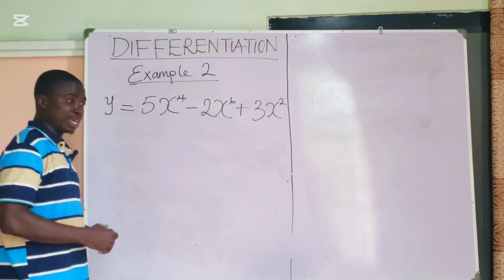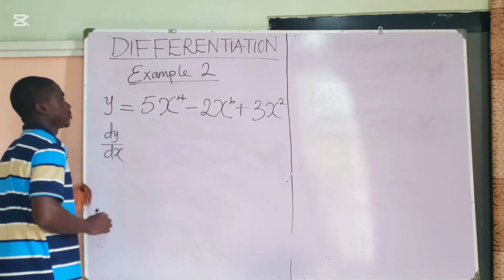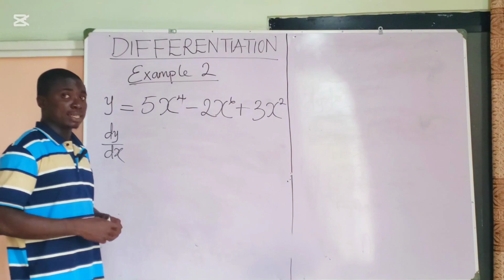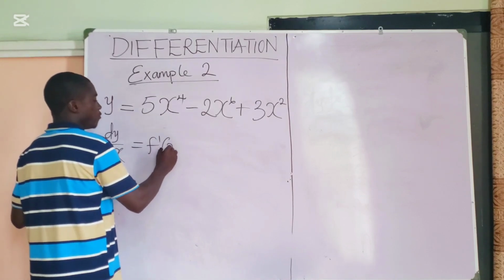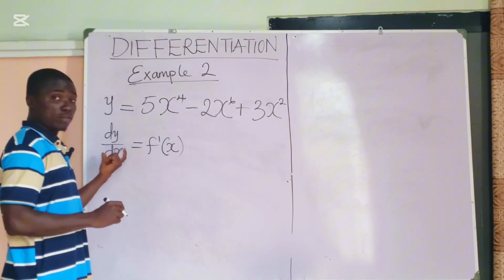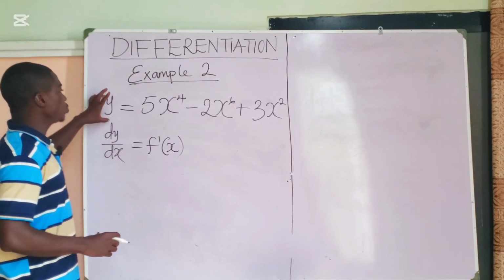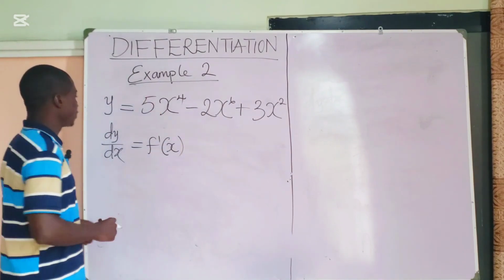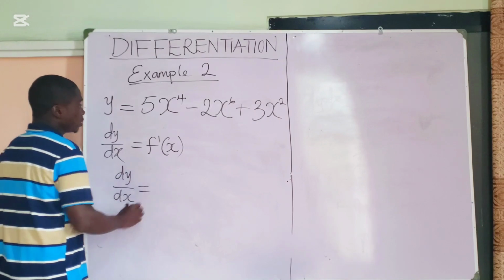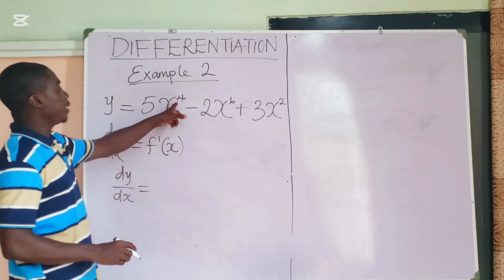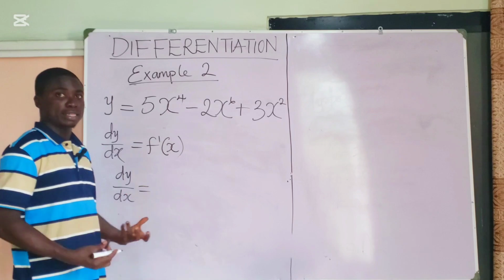Our first task here is to write down dy all over dx. Now remember what I said. Dy all over dx is the same thing as f prime of x. So if you differentiate y with respect to x, dy all over dx becomes equal to, you multiply x by its power and then subtract 1 from the power of x.